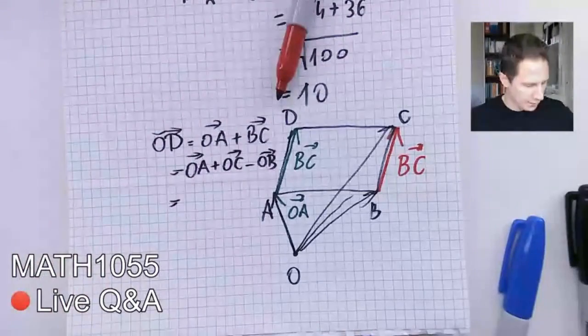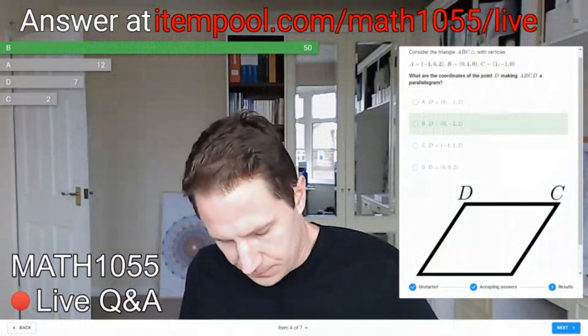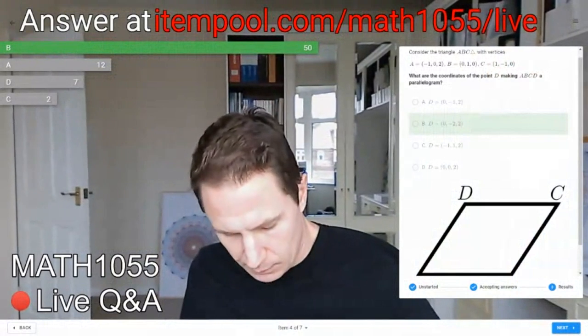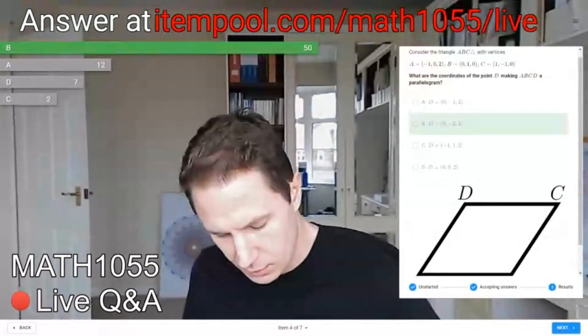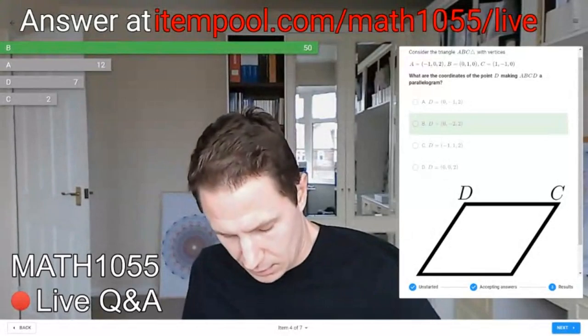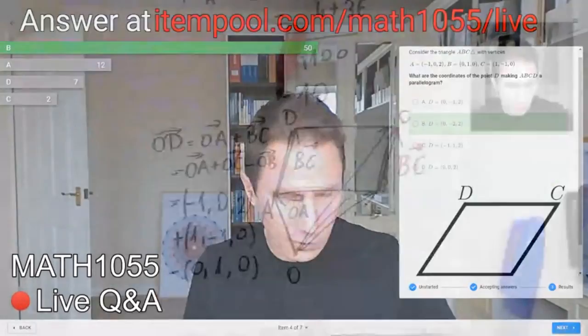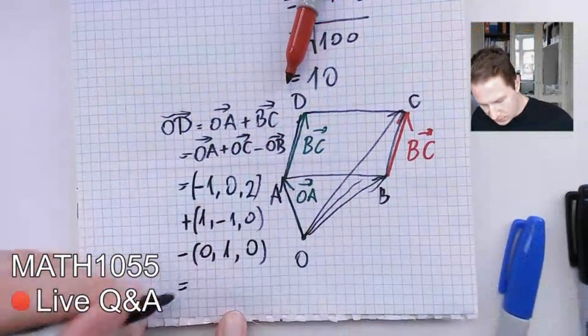So all you have to do is, let me just go back to see the coordinates. You take -1, 0, 2 plus 1, -1, 0 minus 0, 1, 0. So all you had to do is calculate this combination of vectors.